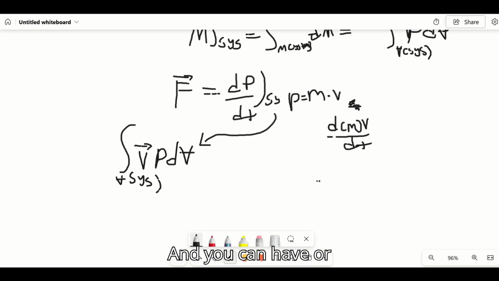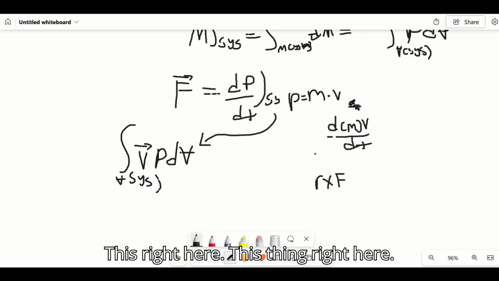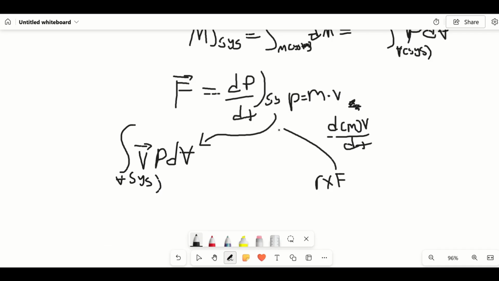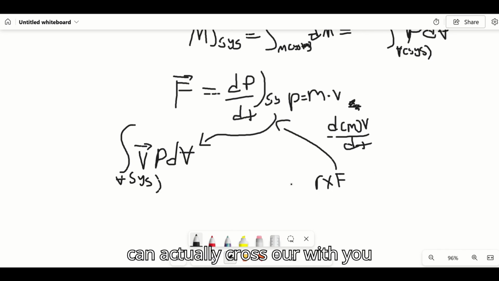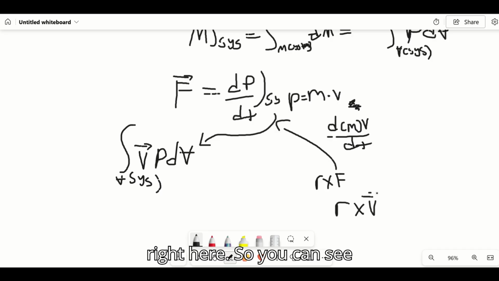And you can have r cross F, where F is the derivative of momentum. So if we rewrite this, we can actually cross r with the v right here.